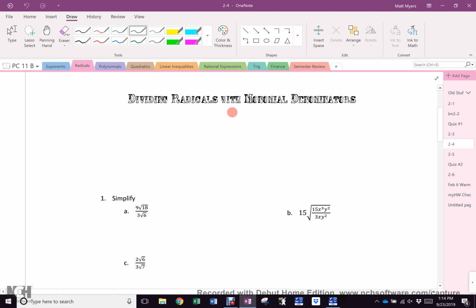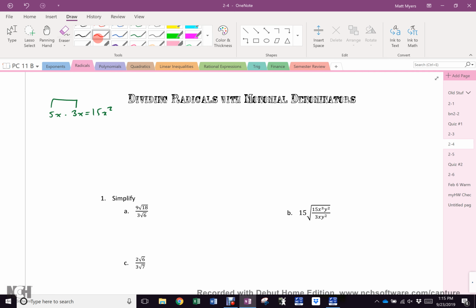Really essential skill of dividing radicals with monomial denominators. To recap, what's the answer? 15x squared. Why? Because you do 5 times 3 and then x times x.